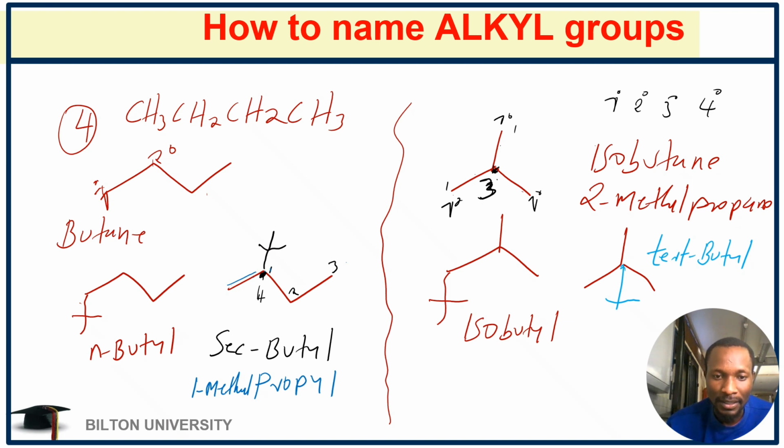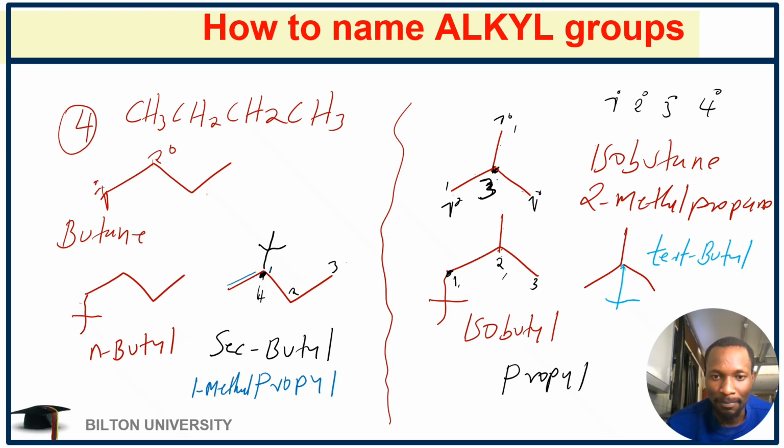Let's look at our isobutyl. In isobutyl now, the attachment is on this carbon, right? So if this is our carbon number 1, number 2, and number 3, it will still give you one substituent. If the attachment is in carbon number 1, we can form the longest chain, which is 1, 2, 3, and that's going to give us propyl.